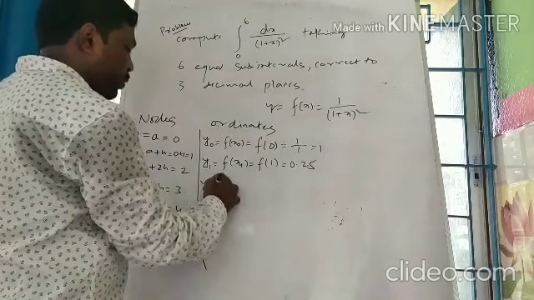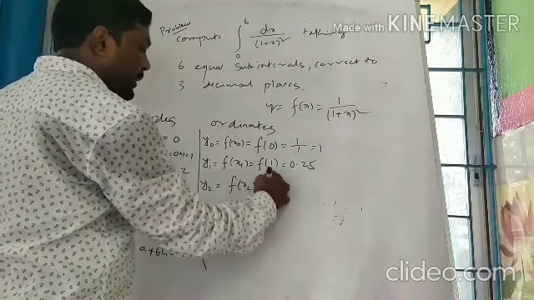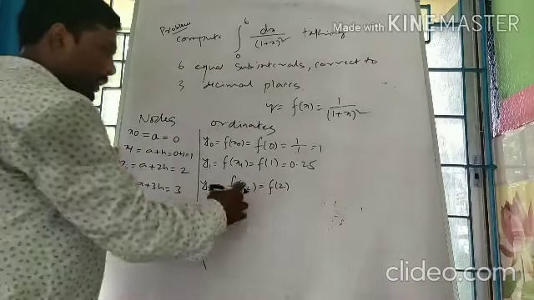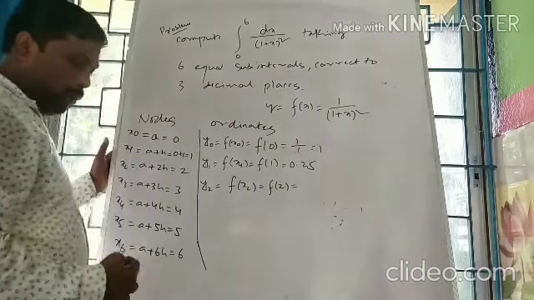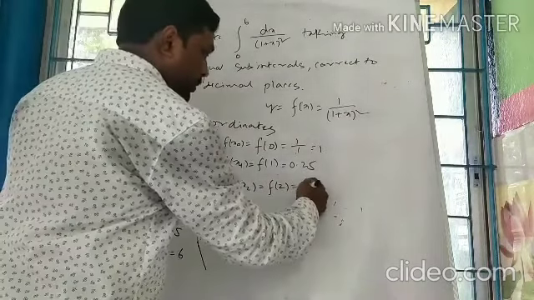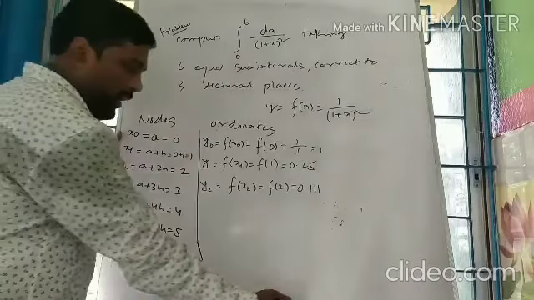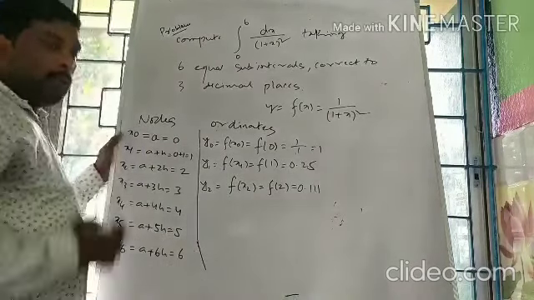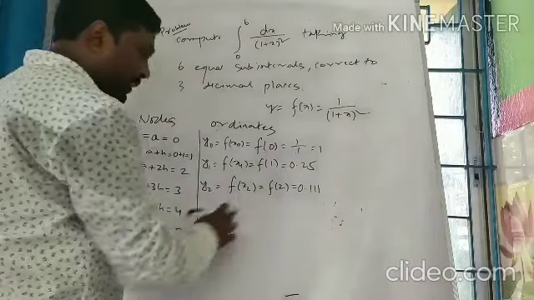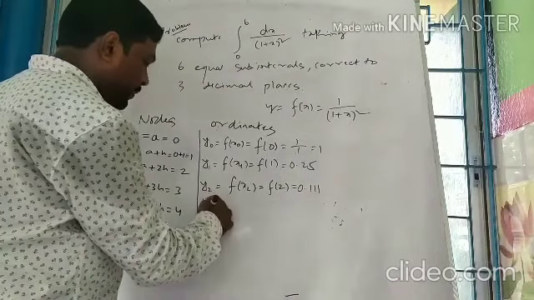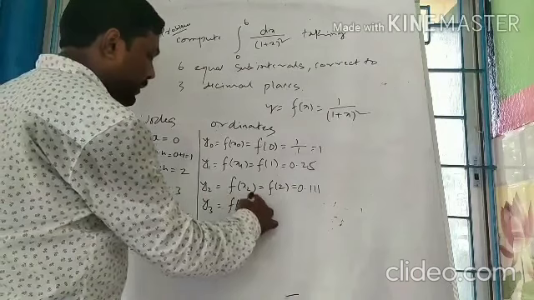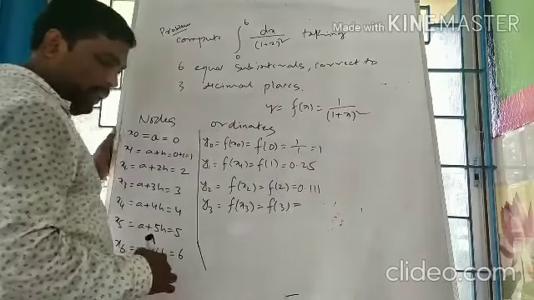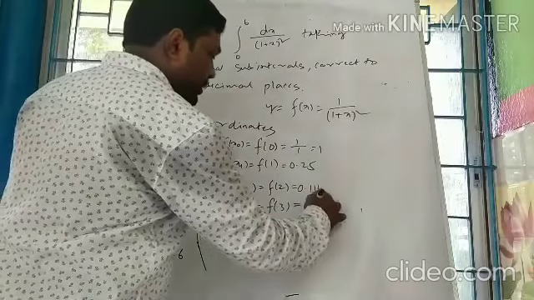Next y2 is f of x2, that is f of 2. Calculate f of 2, which is 0.111. Next y3 is f of x3, that is f of 3, because x3 is 3, it is 0.062.